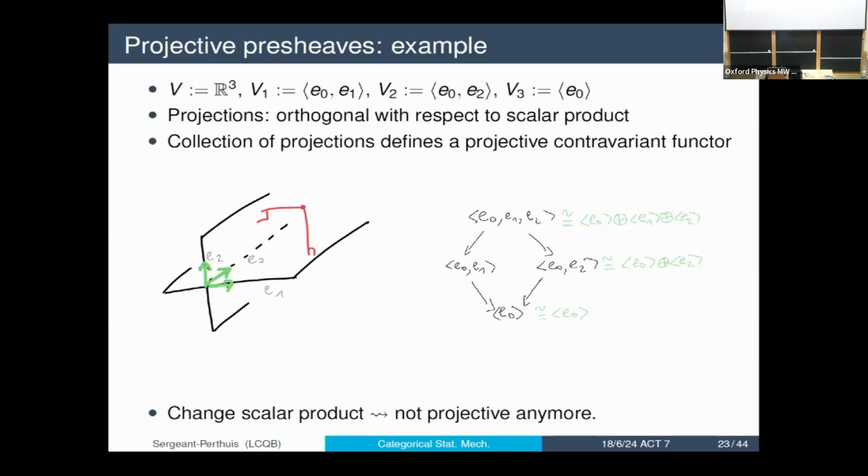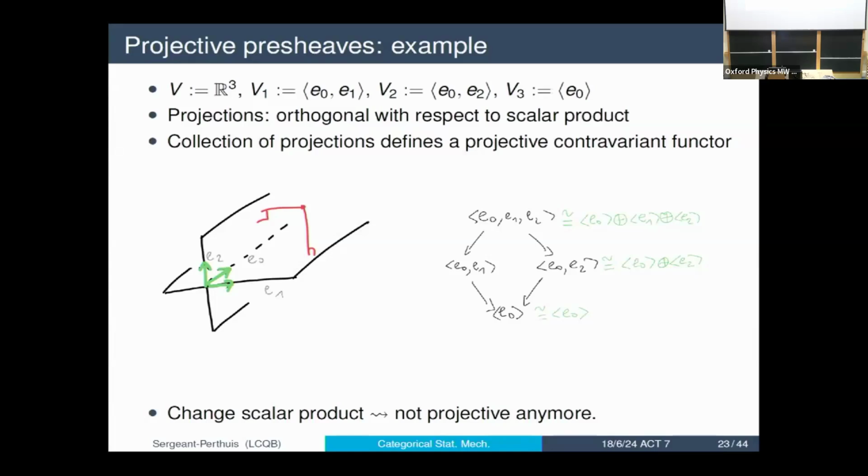So this object is projective, but if I now change the scalar product that I consider, and redo the projection with another scalar product, then you lose completely the fact that it's projective.